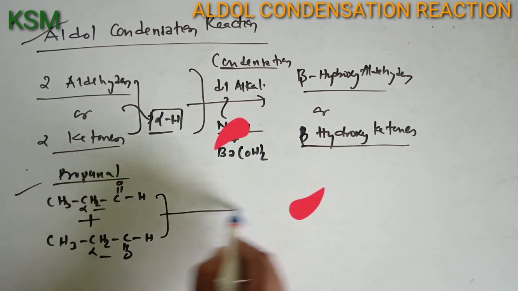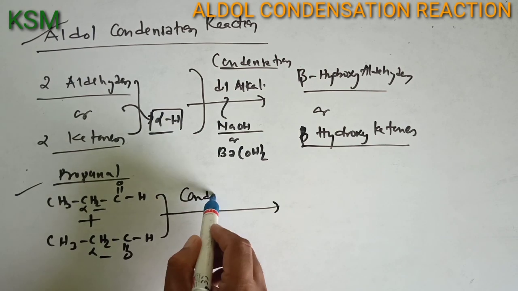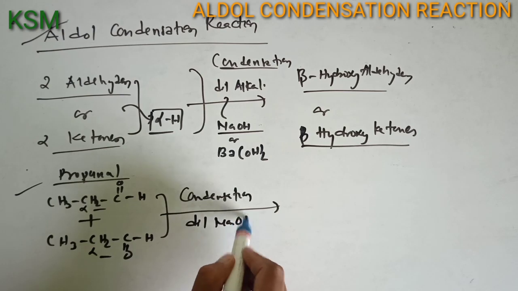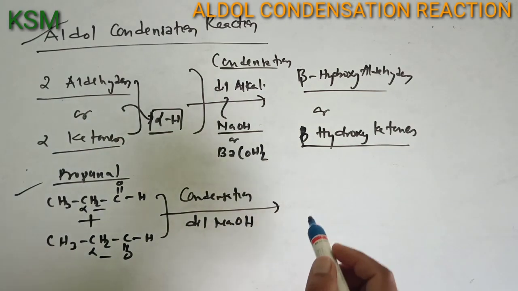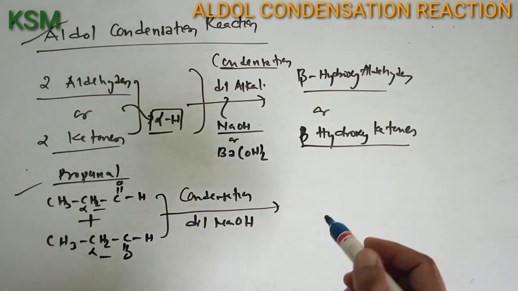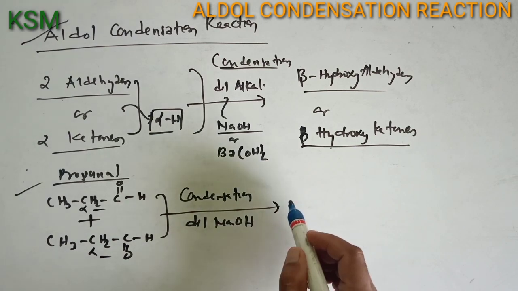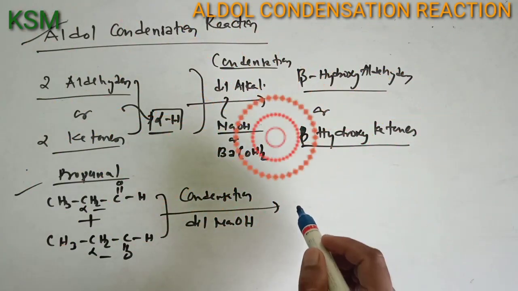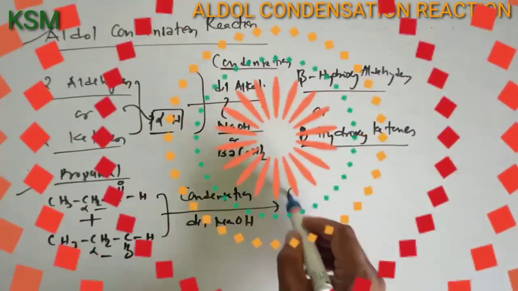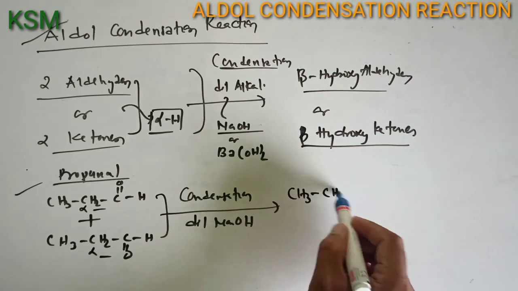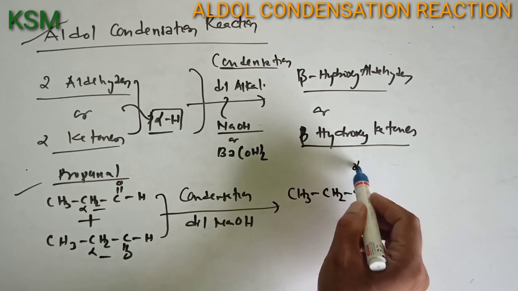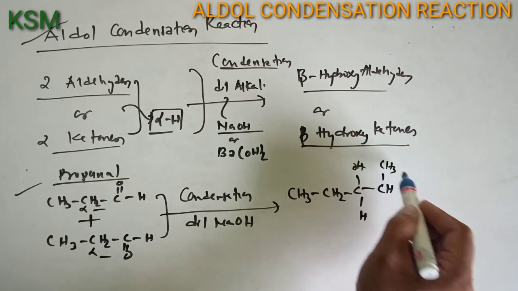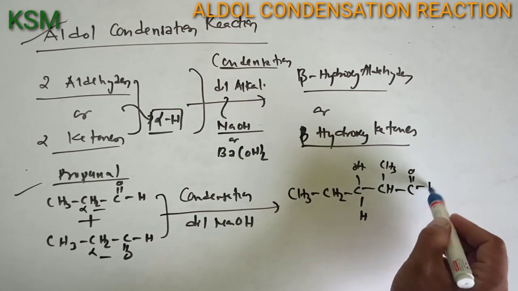So it undergoes condensation process in the presence of dilute sodium hydroxide, and finally it forms a product as beta hydroxy aldehyde. Here it will be 3-hydroxy 2-methyl pentanal. So it is CH3 CH2 C OH H CH CH3 C double bond OH.